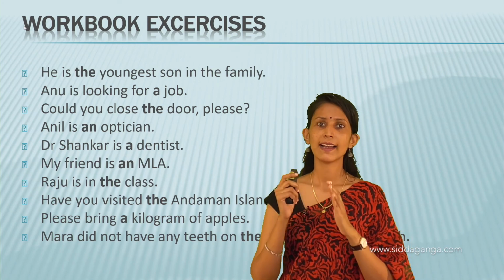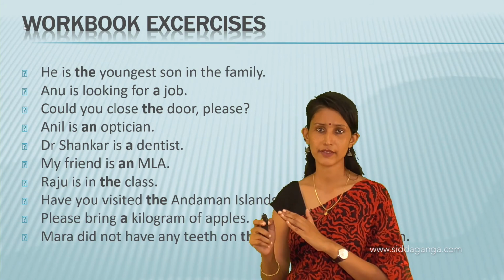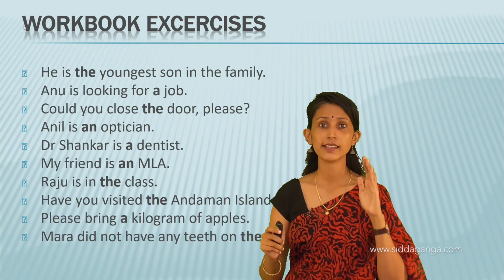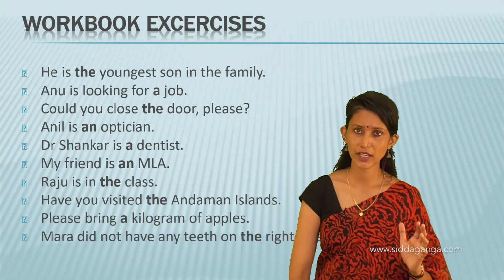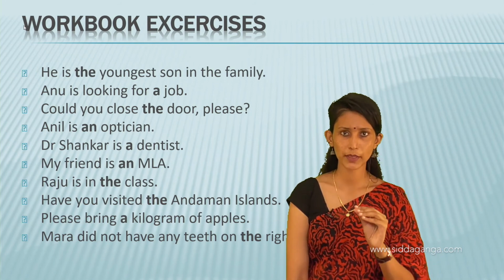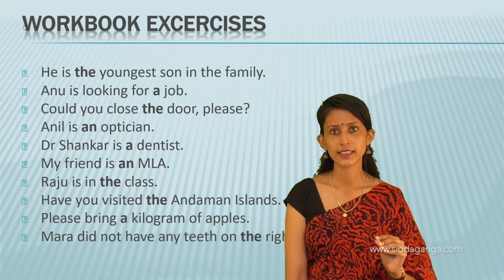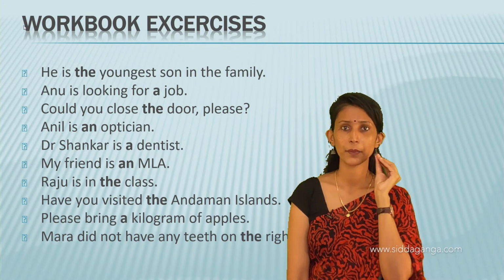So have you understood? A and an are indefinite. The is definite. A and an can be referred to anybody. You don't know the definite purpose of it, the particular purpose of it. Whereas the, you are referring to the particular thing.